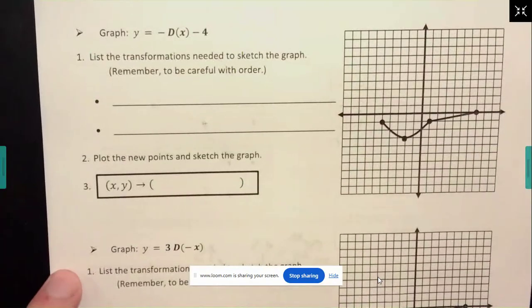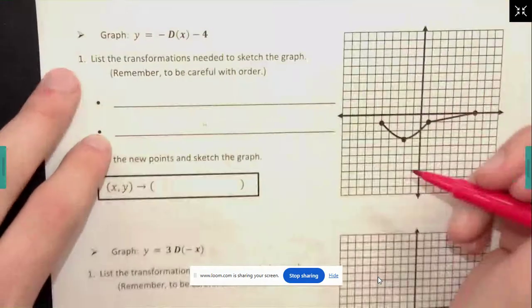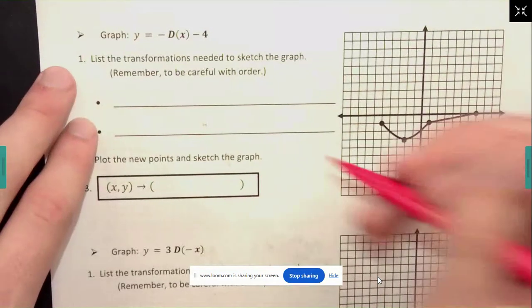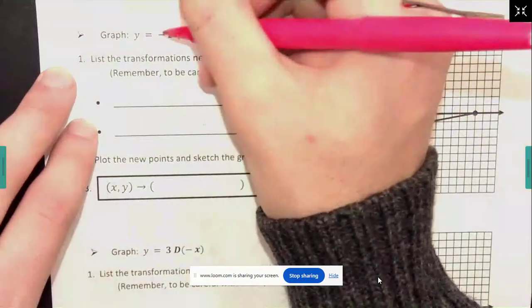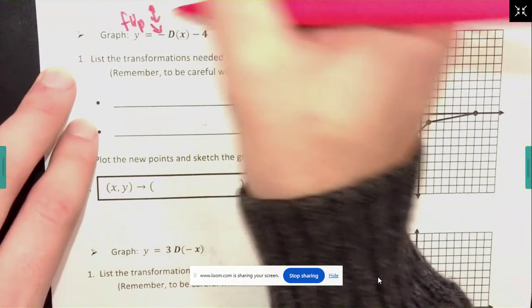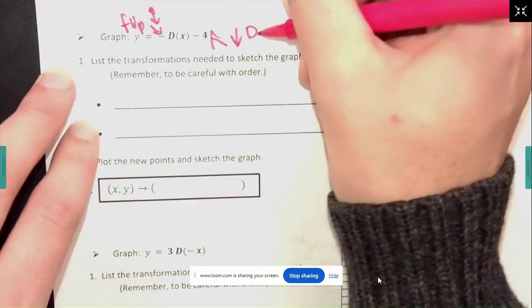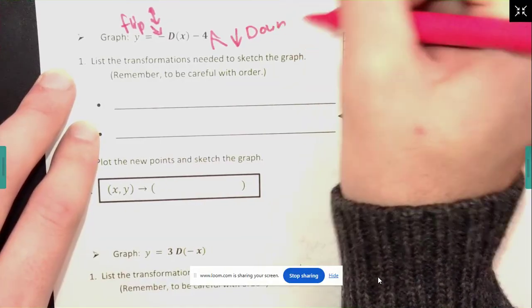Okay. All right. Let's look at this first example. I have negative f of x minus 4. So I know, since this is on the outside, we're going to flip it up and down. And this negative 4 is on the outside, so we're going down. There you go.